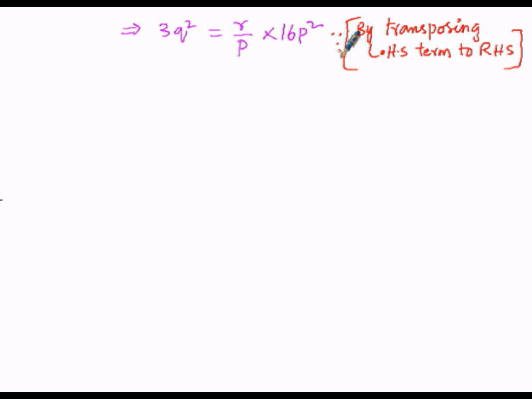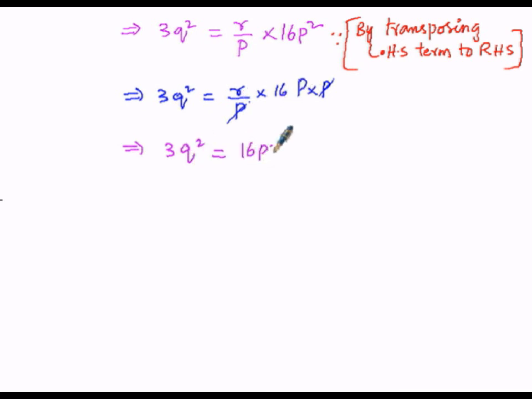Then the next logical step is that 3q square is equal to r divided by p into 16, and p square can be written as p into p. So 1p in the numerator and 1p in the denominator get cancelled. Then the next logical step is that 3q square is equal to 16 into p into r, which can be written as 16pr.